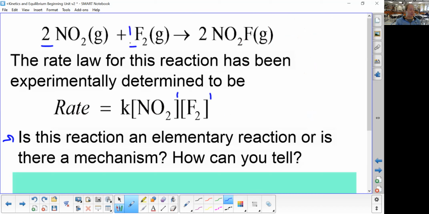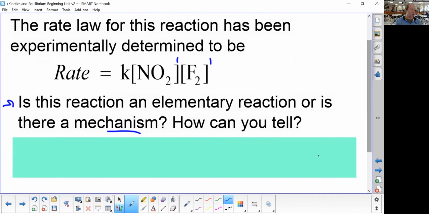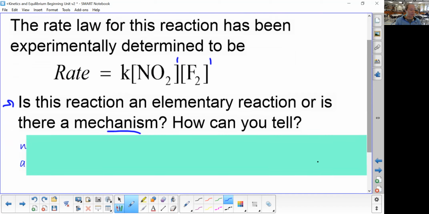So there is a mechanism at play, because it doesn't match the coefficients. An elementary reaction has to match the coefficients, and sometimes it does match the coefficients but it's still not the mechanism. I wouldn't give you anything like that, but that is something else that can happen there.